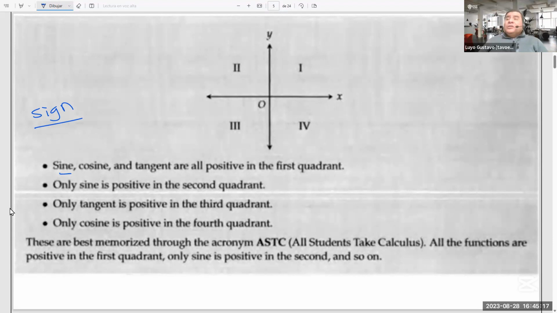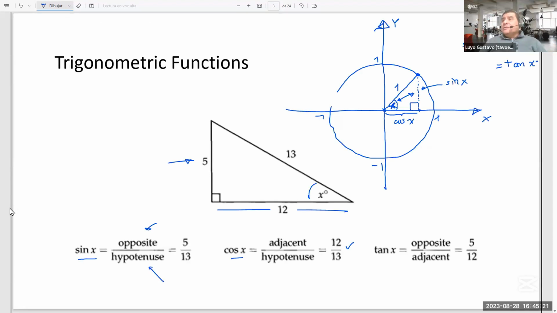The sine function, as we just mentioned here in this chart, is the vertical coordinate of this point here. Actually, here it is the other way around: cosine first and sine is the vertical.